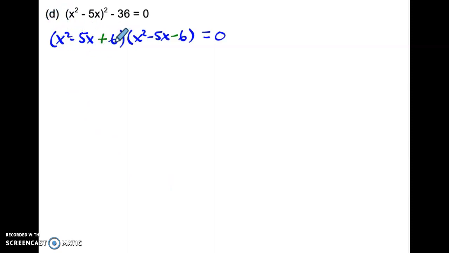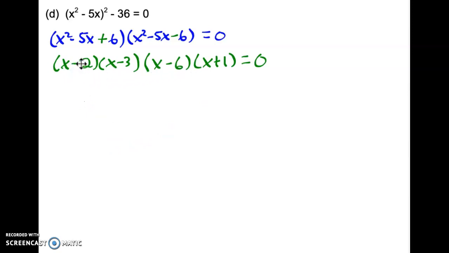In the first one, two numbers that multiply to 6 and add to -5 are -2 and -3, so that can factor into (x - 2)(x - 3). Then two numbers that multiply to -6 and add to -5 are -6 and 1, so (x - 6)(x + 1).